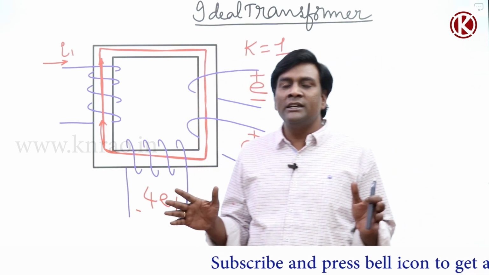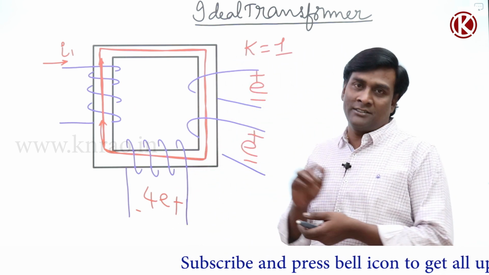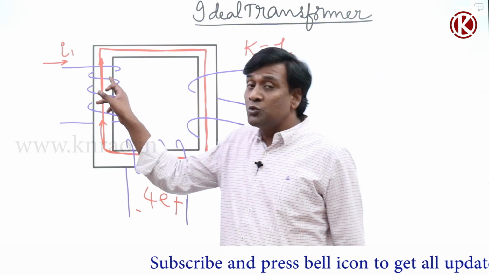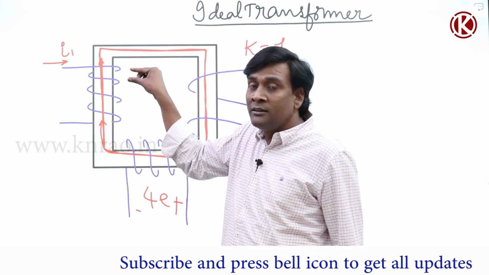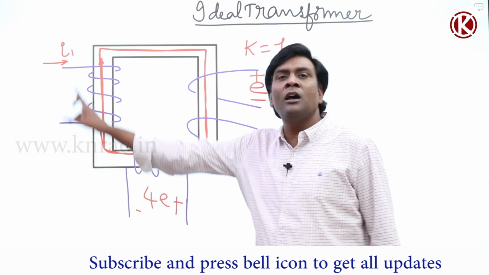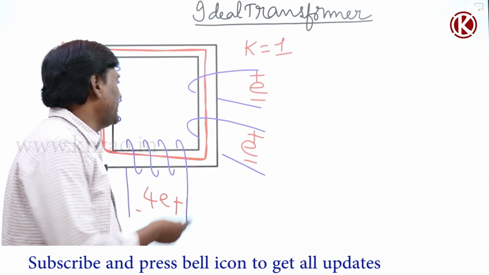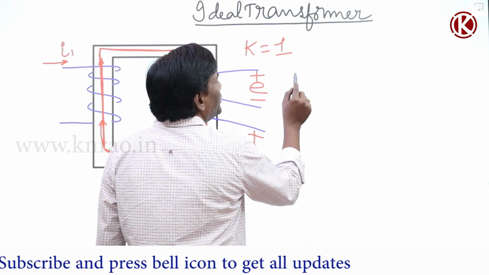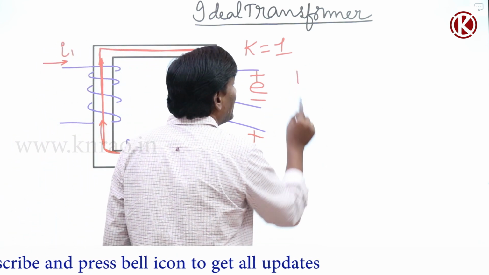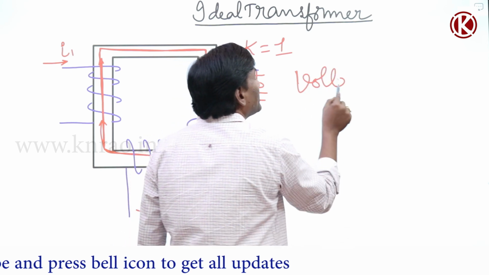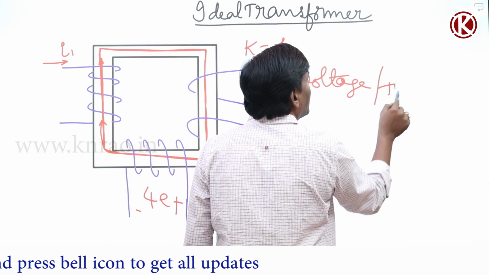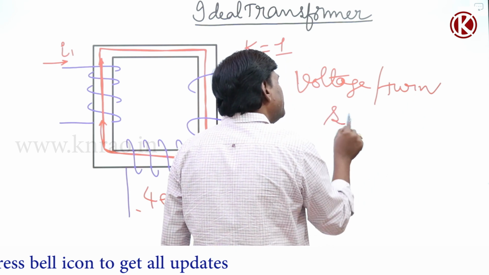Ultimately, what is the conclusion? The moment you don't have any leakage, the induced voltage per turn will be the same in all the connected coils. That is the first property of an ideal transformer: voltage per turn is going to be the same.